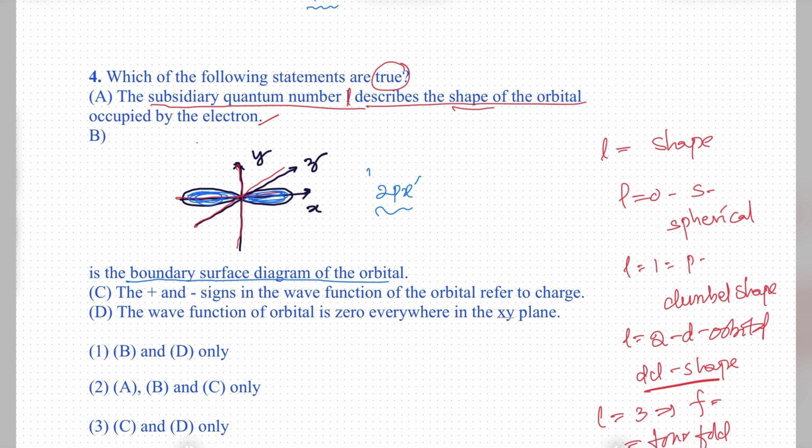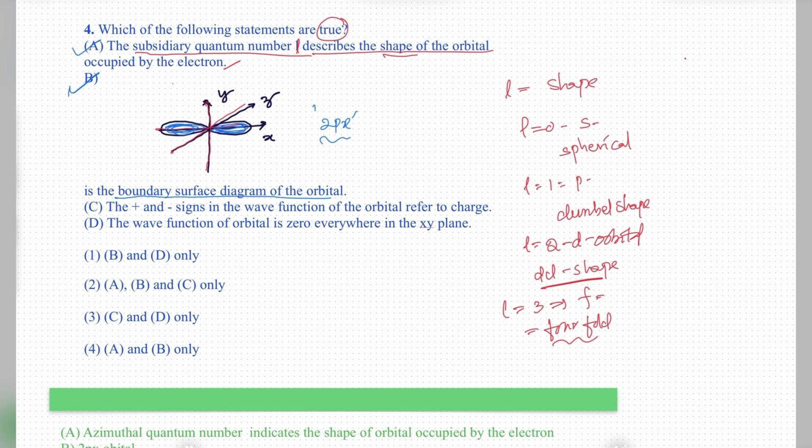Go for the third one. The wave function of the orbital refers to charge. Is it right? Actually, it is not a charge. We can see this diagram. All of you concentrate. This is a wave. The electron wave is moving in this. So this is your psi. Positive is upward, negative is downward, and in the middle psi is equal to 0.